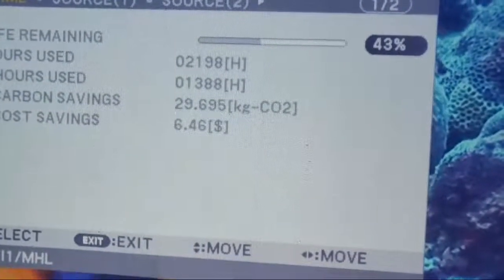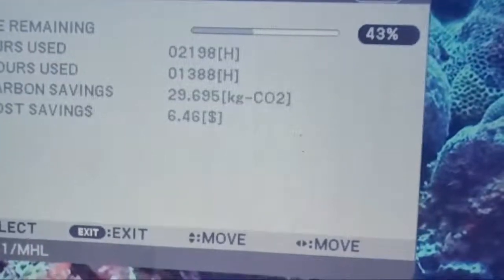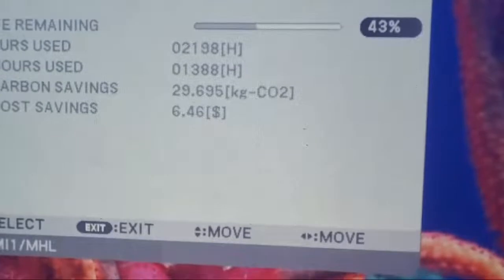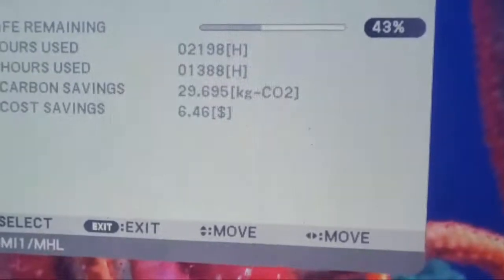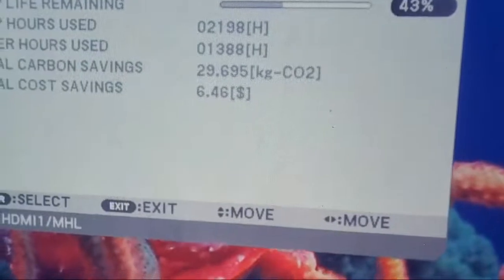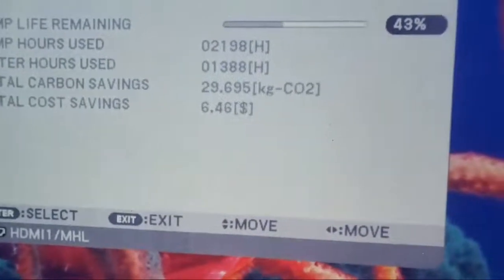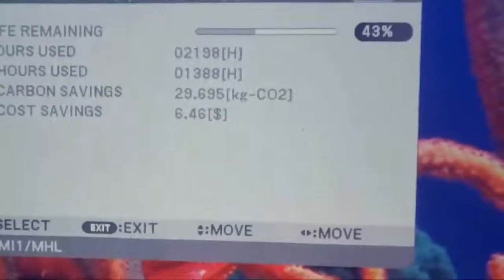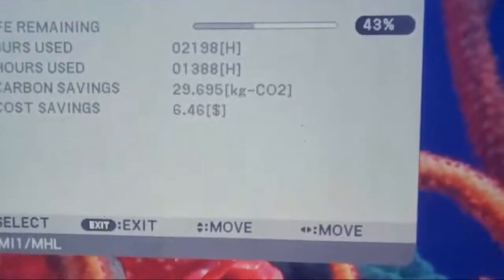So the lower the percentage goes, the less you have on your lamp. That's how it works. If I replace this with the lamp I have upstairs, which was at 99, that's the projector I purchased from the fellow over on eBay. When I got the projector, I saw 99 and thought, oh, I've got to change my lamp. So I spent $60 on a new lamp for a projector that already had a brand new lamp in it, because the settings are different on these particular NECs.